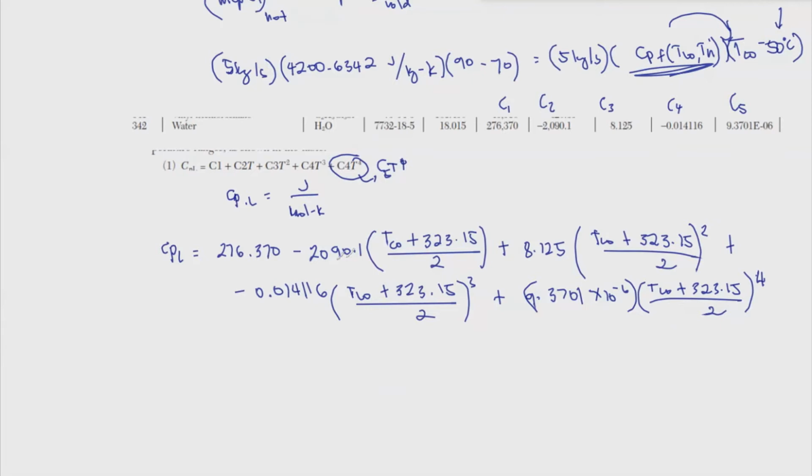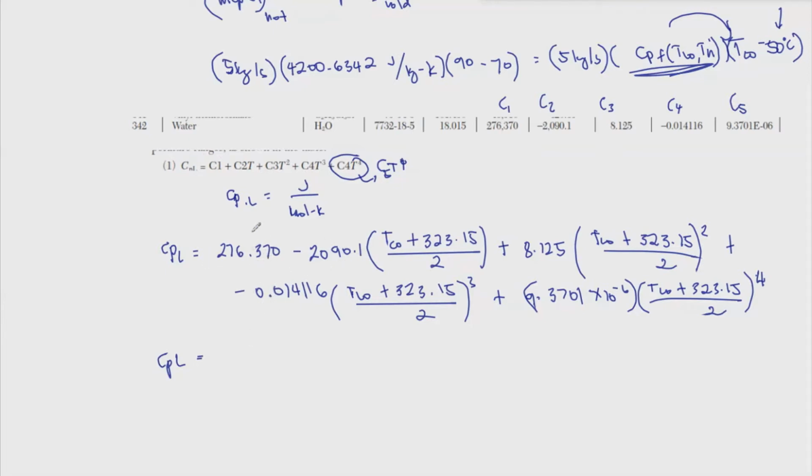So that's it for our specific heat capacity in terms of joule per mole Kelvin. So joule per kilomole Kelvin. Knowing that this is in joule per kilomole Kelvin, the CPL here, just to be consistent with joule per kilogram Kelvin, what I will be doing here is multiplying this with 1 kilomole divided by 18 kilograms, just to convert that to joule per kilogram Kelvin.